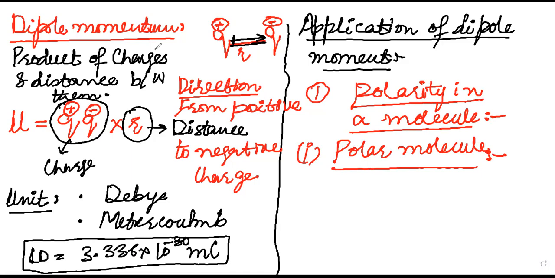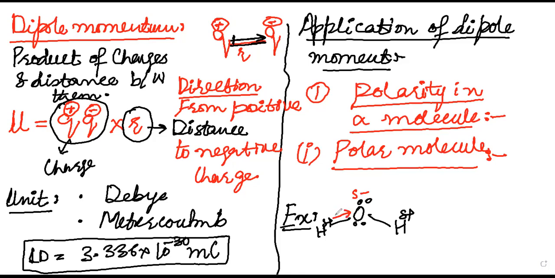According to the Federal Board syllabus and final papers, this question is repeatedly seen in the Federal Board paper: how can you determine that water is a polar molecule?